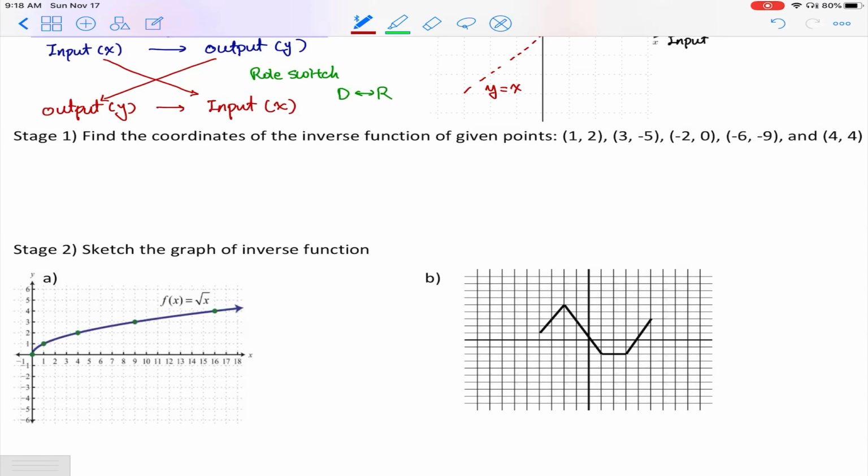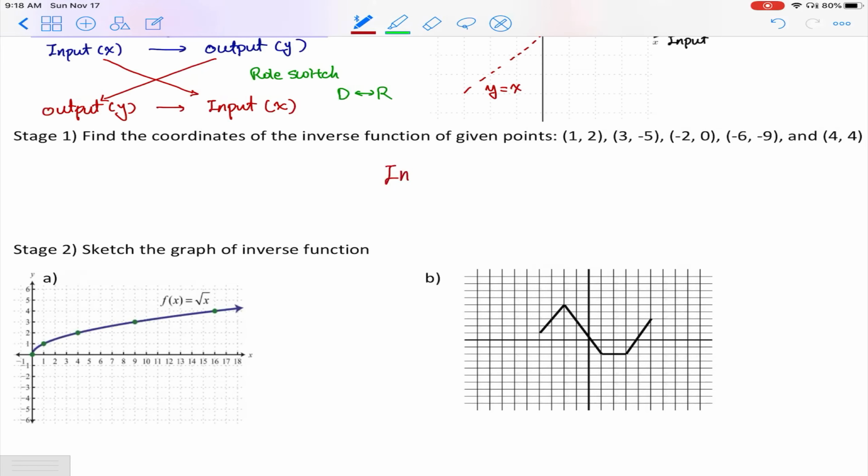So let's take a look at stage 1 and stage 2 all together. They are actually quite simple and easy to do. It says, find the coordinates of the inverse function of given points (1, 2), (3, -5), (-2, 0), (-6, -9), (4, 4). As I said, the x and y, the input and output, switch their roles, so they switch their position as well.